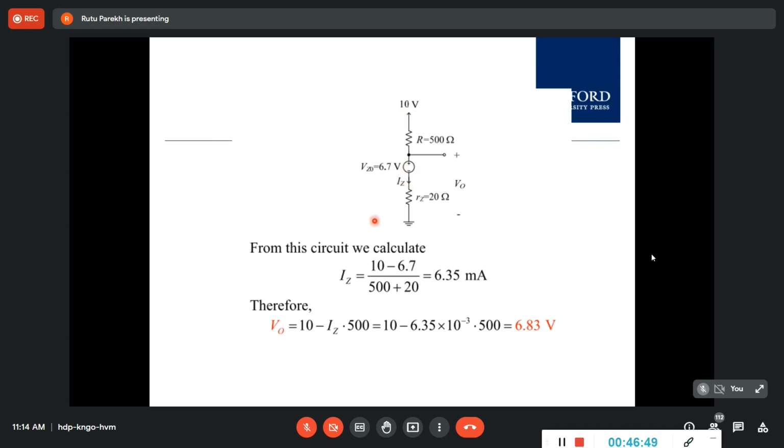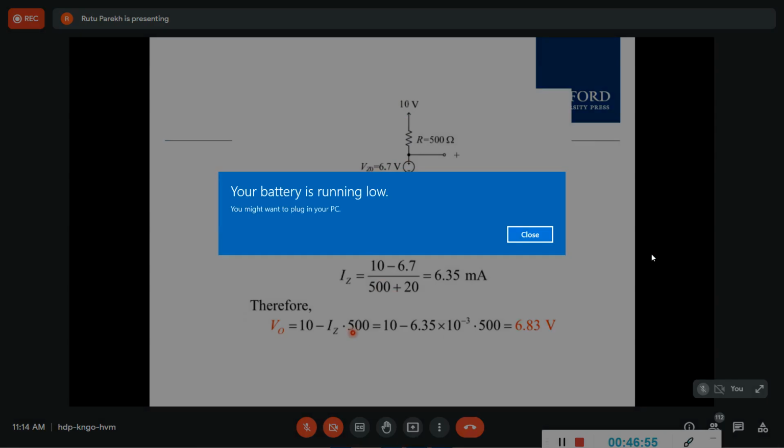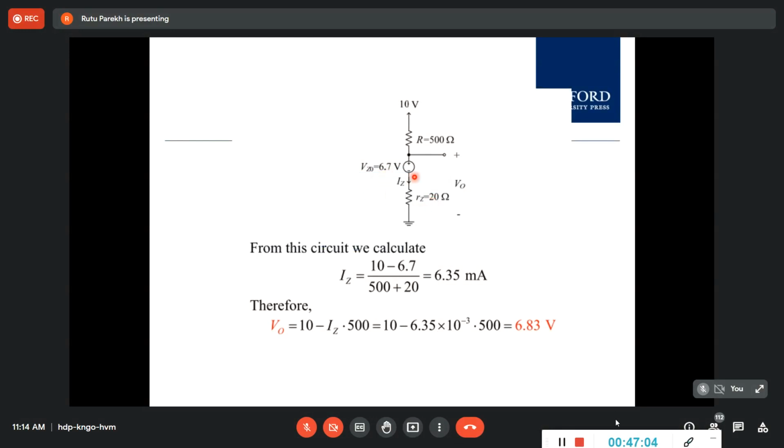So we found IZ from all the other values, and that's how you find V0. Once you have IZ, it is IZ into RZ plus 6.7 volt, and you will get 6.83 volt. So without any load, this is the 6.83 volt that you get.